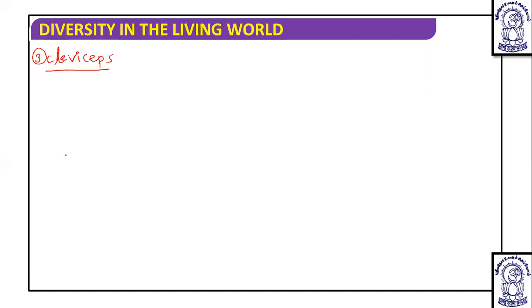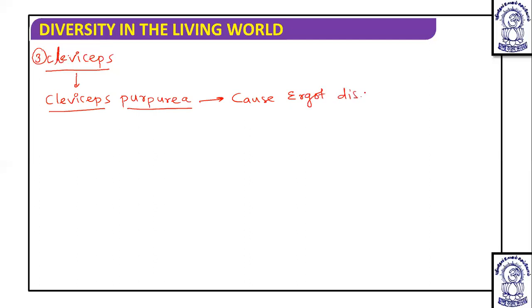And in that one species is Claviceps purpurea. Claviceps purpurea causes the ergot disease of bajra and rye.